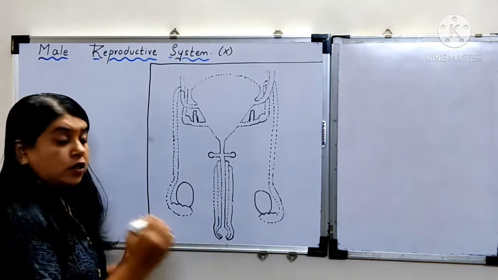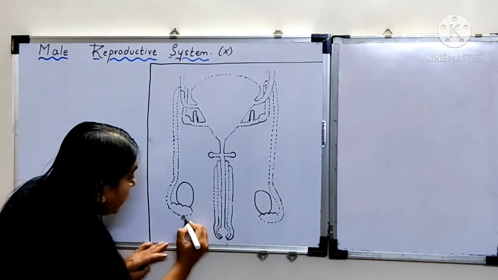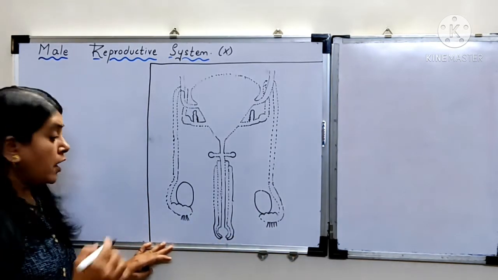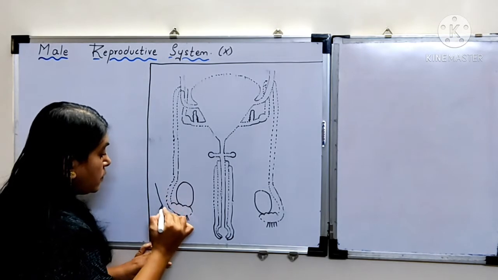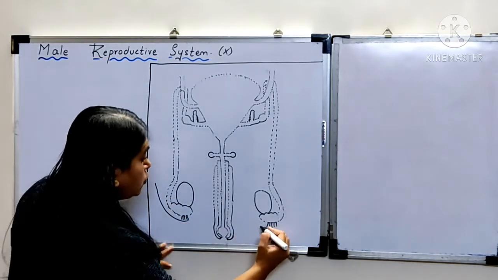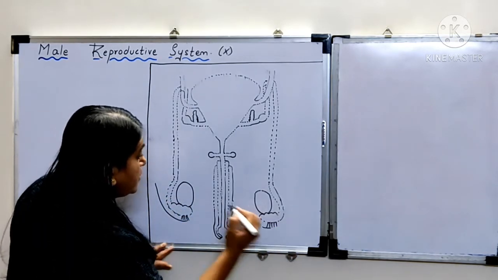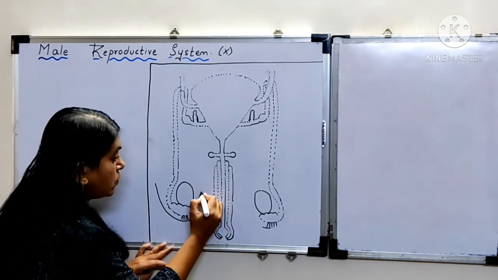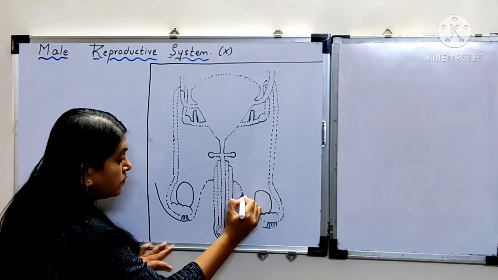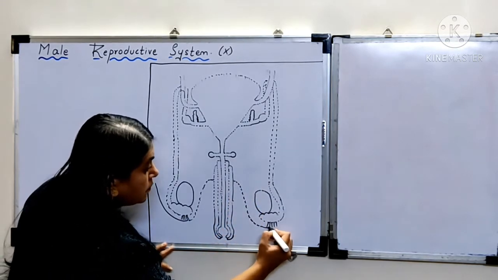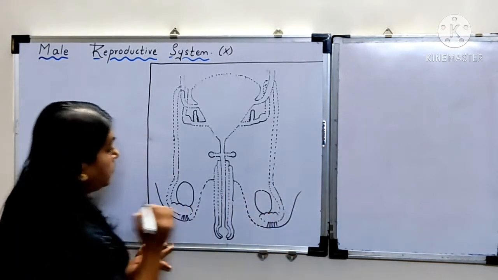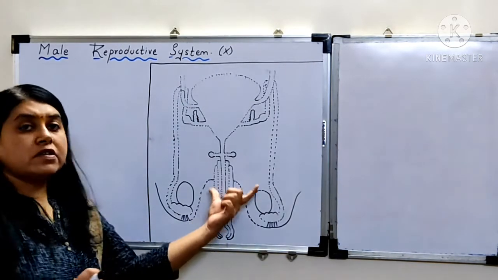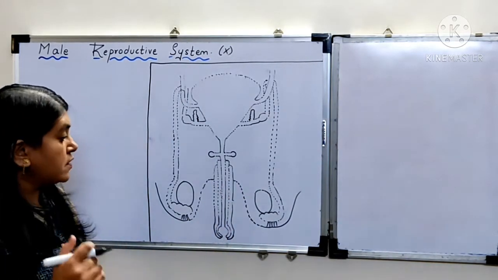Now you have to draw thread-like structures at the bottom like this, and you would be showing these thread-like structures connected to the pendulous organ like this way. Alright, so this is the male reproductive system.